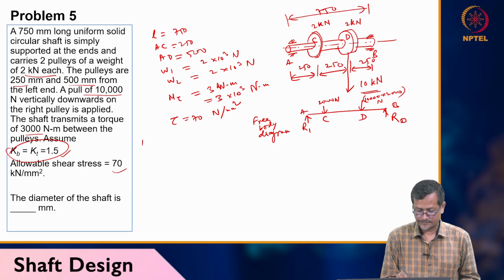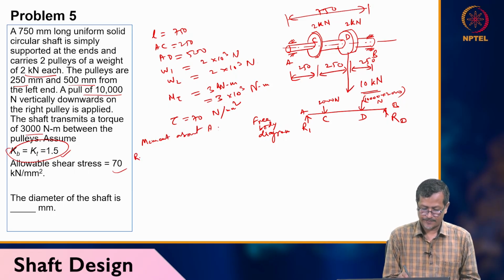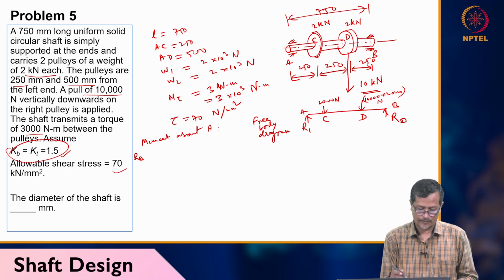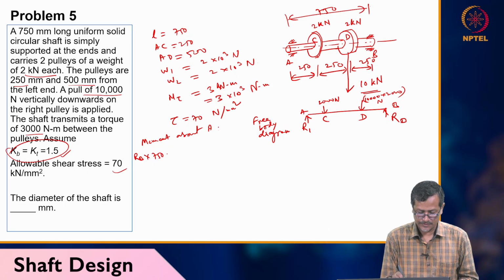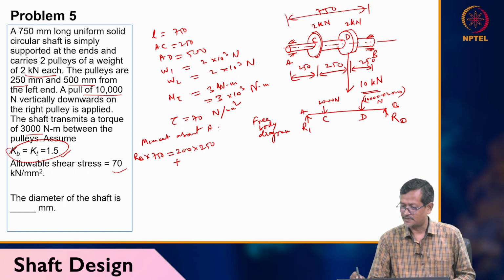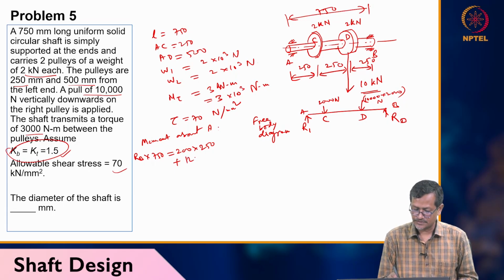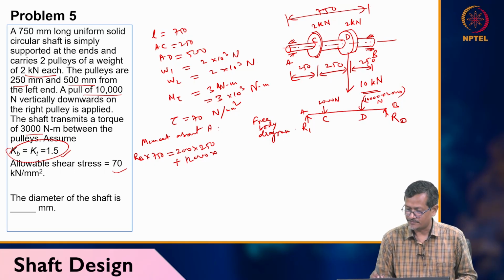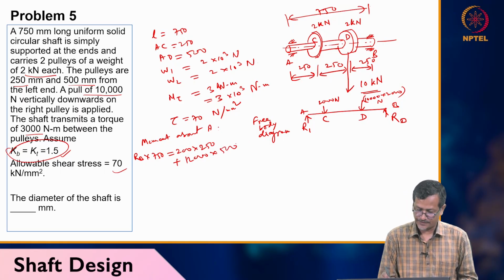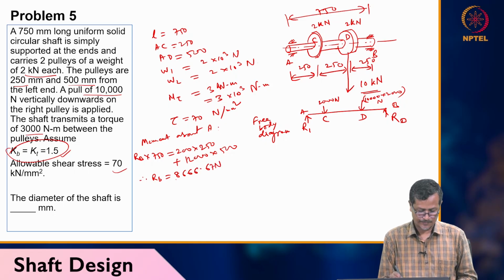So moment about A. RB into 750 equals 2000 into 250 plus 12,000 into 500, because A to D is 500. So RB is giving 8666.67 Newton.